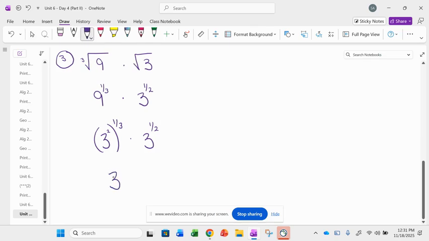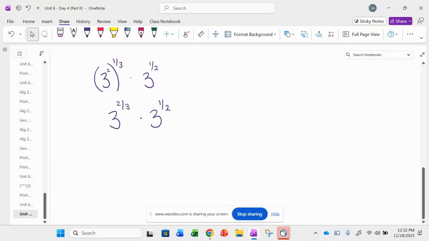So now I have 3 raised to the 2/3 power times 3 to the half power. Now that they have the same base, now I can create the same index. How do I create the same index? Yeah, we make a common denominator of 6. So this becomes 3 to the 4/6 power times 3 to the 3/6 power. And now we can multiply.